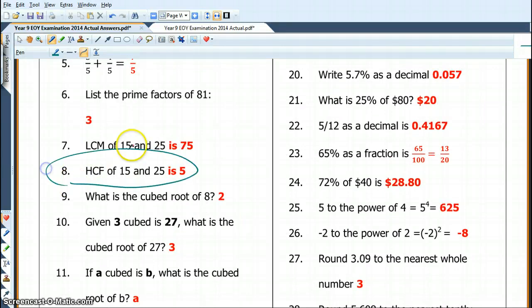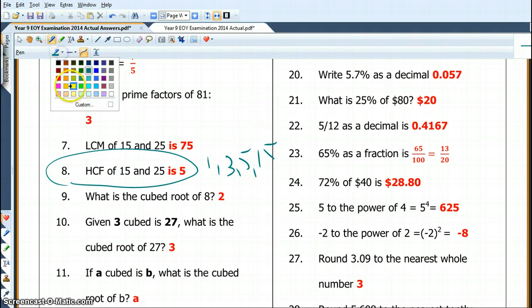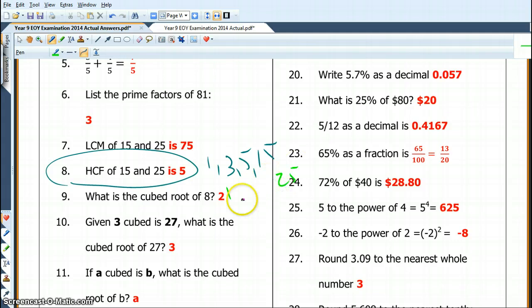Highest common factor. Factors of 15: 1 times 15, 3 times 5. Factors of 25: we've got 1, we've got 25, and we've got 5. 5's the common one. And so our highest common factor is 5.